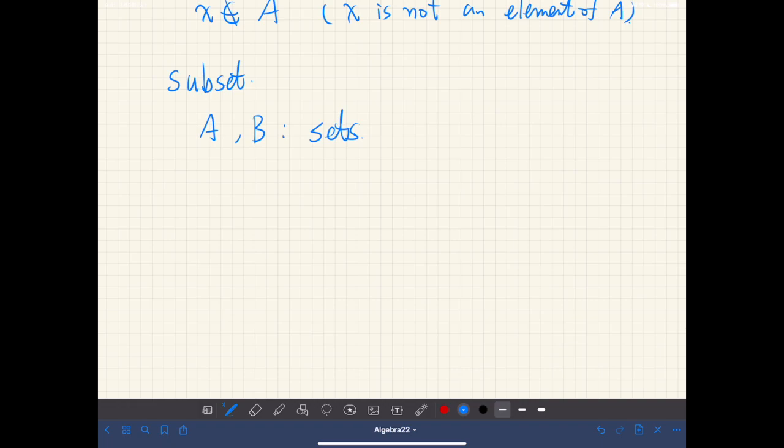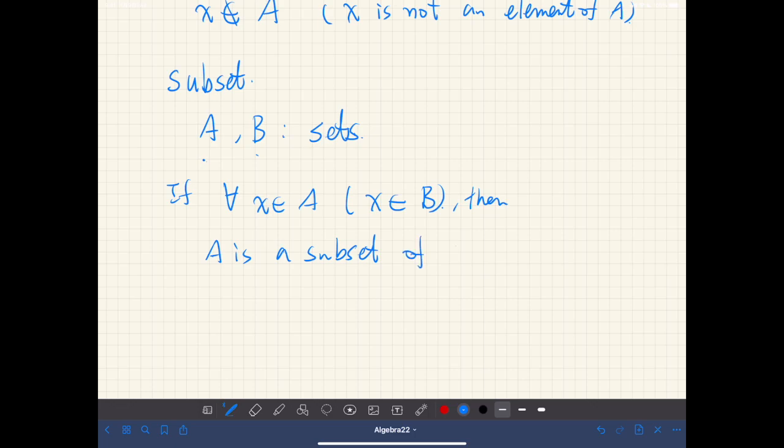If all the elements of A are included in B, then we say A is a subset of B. More formally, if for all elements x belonging to A, this x is also an element of B, then A is a subset of B. And we write A ⊂ B.